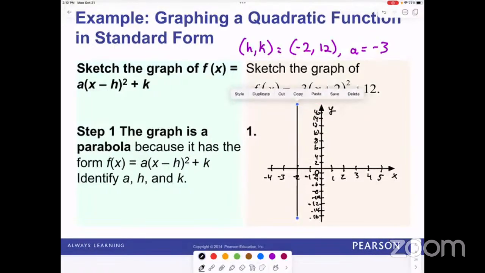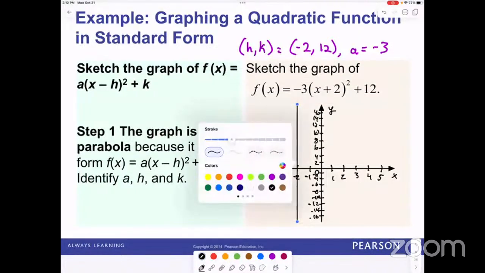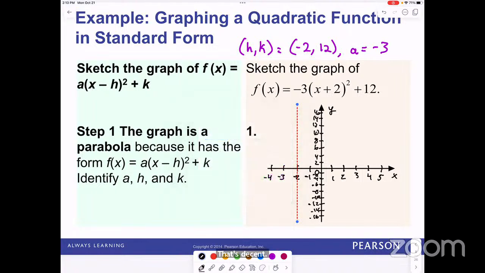That's decent. And that's our axis, which is x equals -2. Okay. So we had a vertex of -2, 12, so that puts us right about here. And I'm going to label the point -2, 12.